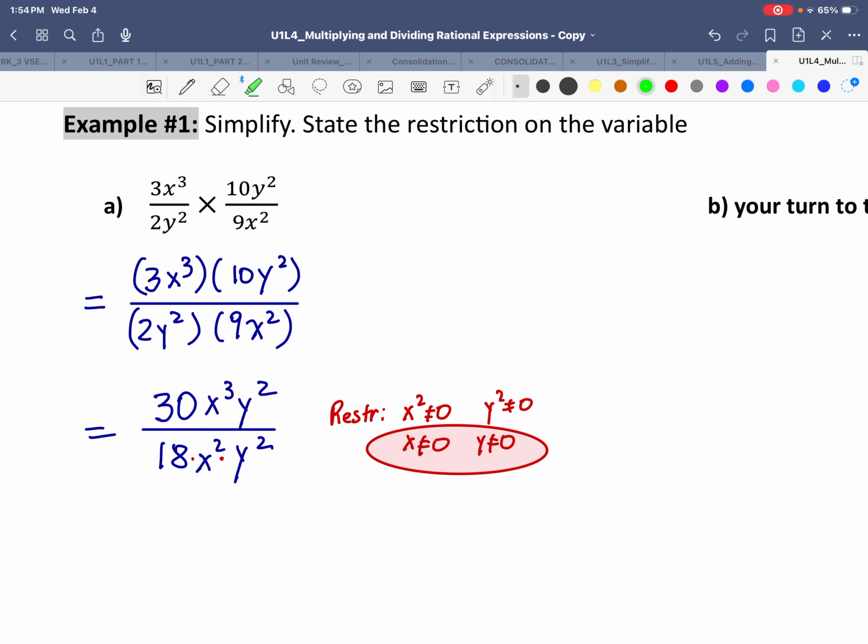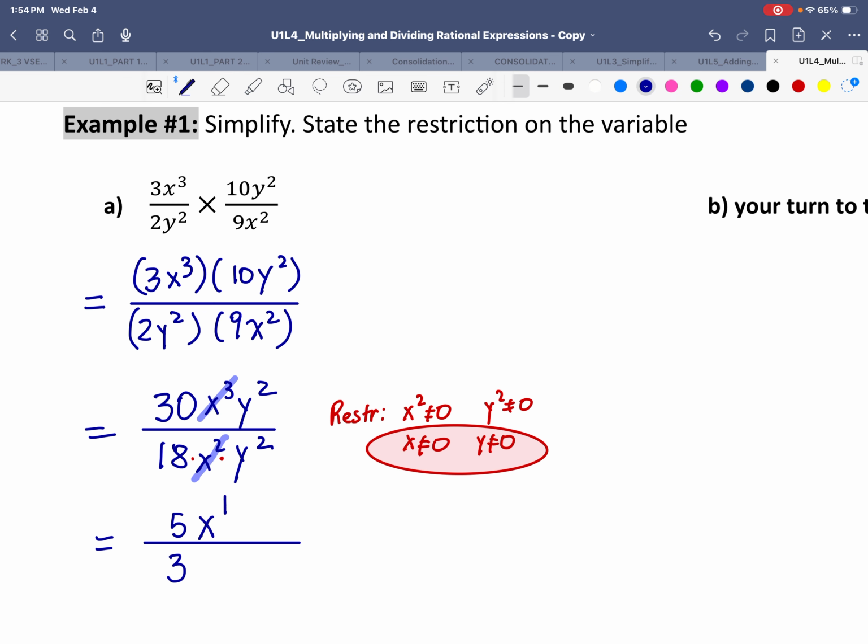Once you state your restrictions, feel free to start chopping here. And I'm going to start with 30 and 18. 30 and 18 can be reduced, I see they have a common factor of 6. So 30 divided by 6 is 5. 18 divided by 6 is 3. Now, x cubed and x squared simplify to x to the power of 1.